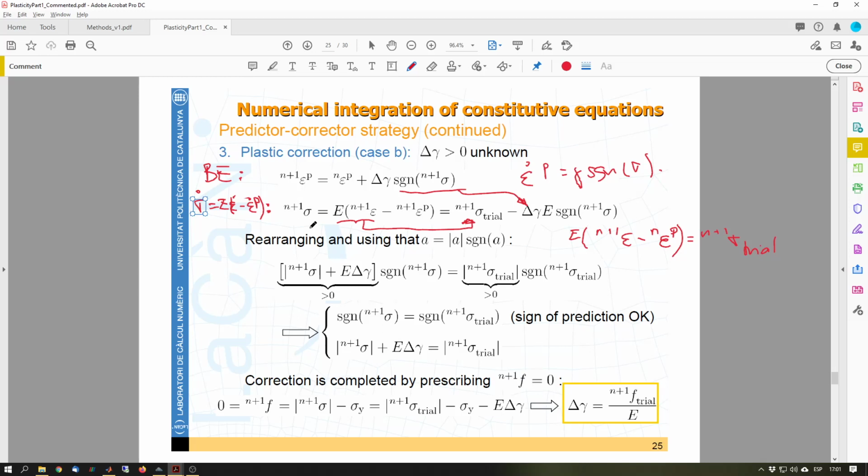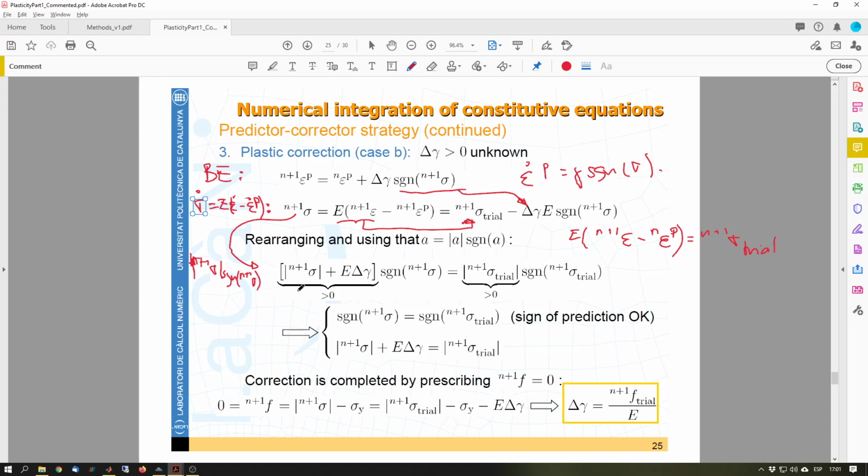Then my sigma n plus 1 is equal to the absolute value of sigma by its sign. So we have the sign of sigma n plus 1. We want to get rid of this. So let's write this n plus 1 as the modulus by the sign of n plus 1 sigma.